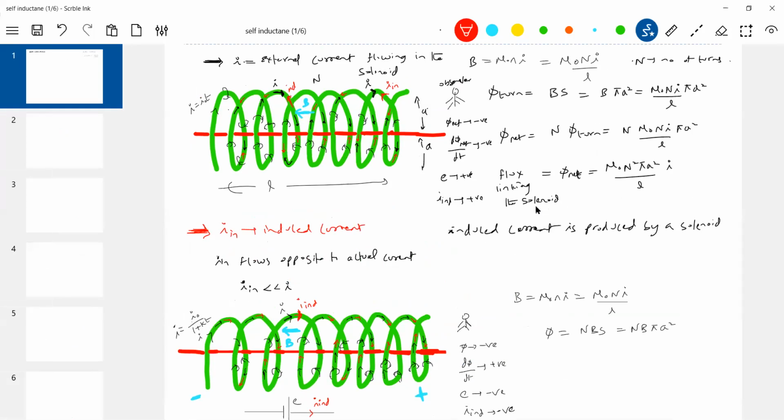The induced current is flowing opposite to the actual current. So this is I, this will be I induced. Now which end?